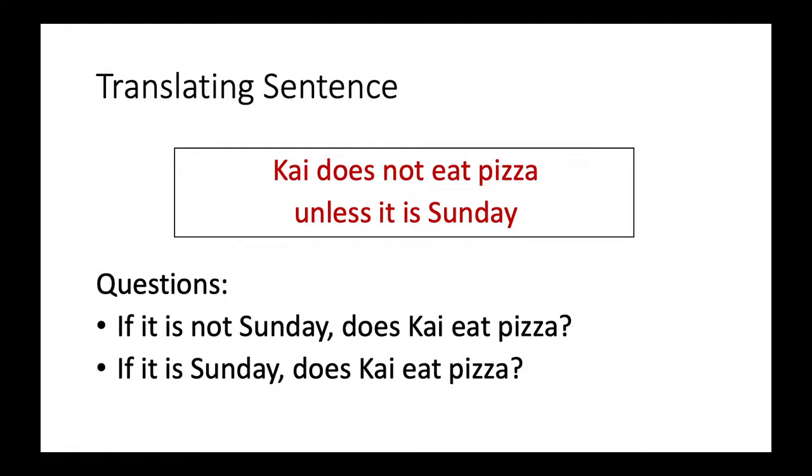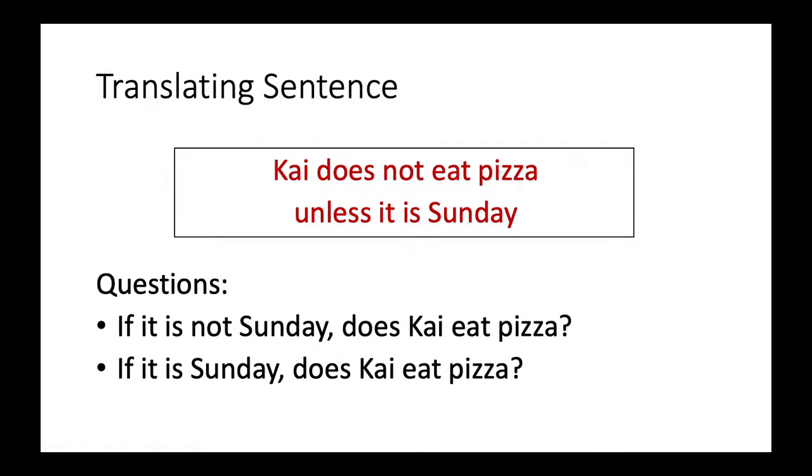Okay. Oh, cool. Yes, very good. So I see an answer. But the other one is, if it is Sunday, does Kai eat pizza? Now, this is a tricky question. Here it just says that Kai does not eat pizza unless it is Sunday. It actually doesn't tell what happens when it is Sunday, right?